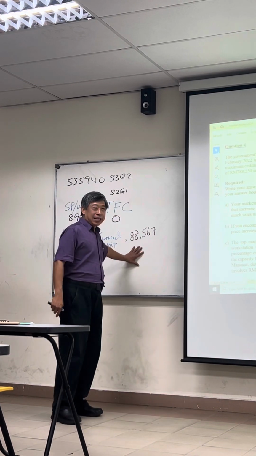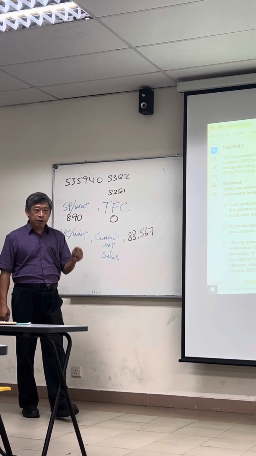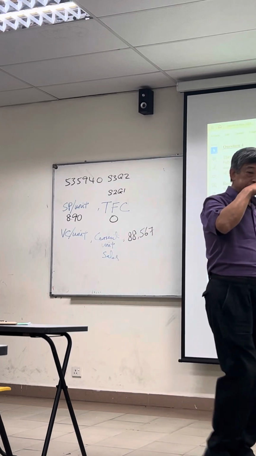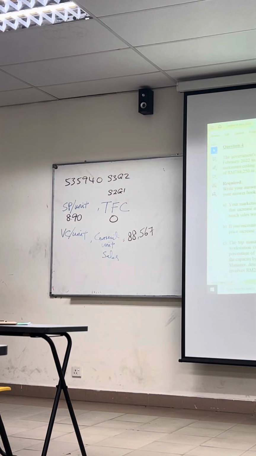Okay, with this 88567, can you get variable cost per unit? Yes. Okay, do it. How?